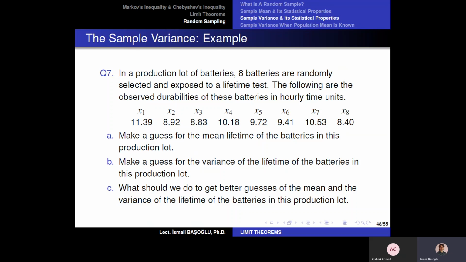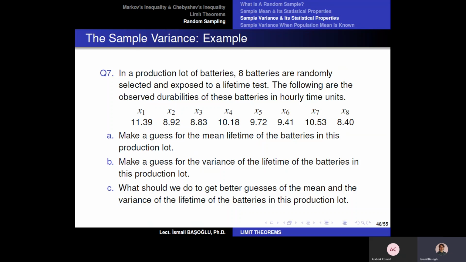But if you really want to give the truest, correct answer, you need to perform a lifetime test on all of the batteries that you manufacture. But once you test all of the batteries, everything will die out and you are not going to sell them. That's basically logical, right?